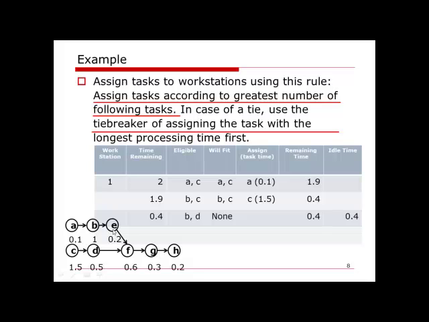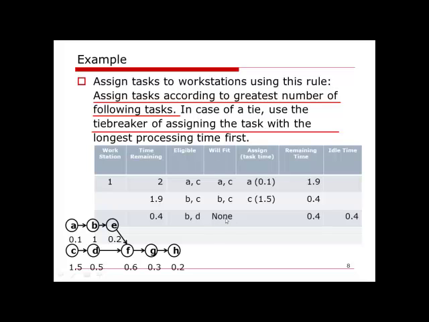For example, E. Before we finish B, we cannot work on E. This is the sequence we need to follow. It may be the design of the product or the design of the processing steps. So anyway, both of the eligible tasks cannot fit into the available time, so the fit will be none.